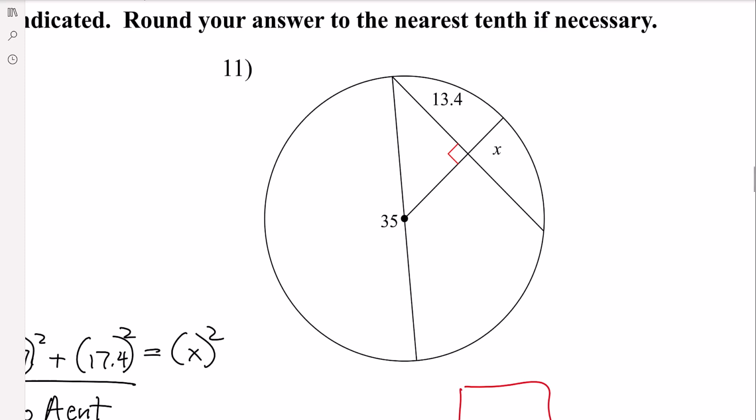Okay, this one is a little bit different. So we're given this whole length right here. So half of the length would be half of 35, which is 17.5. And then this length right here is 13.4, right?